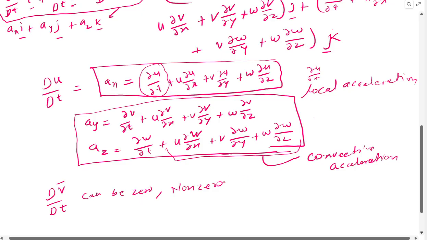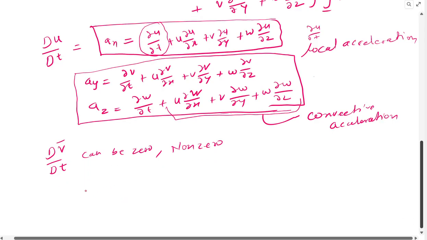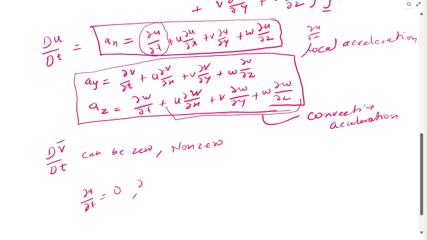So what is the reason behind it? Even if the flow is steady, in steady flow we know del u by del t will be zero, and del v by del t also, and del w by del t. All these values will be zero for steady flow. Steady means that at a point the velocity is constant with time.